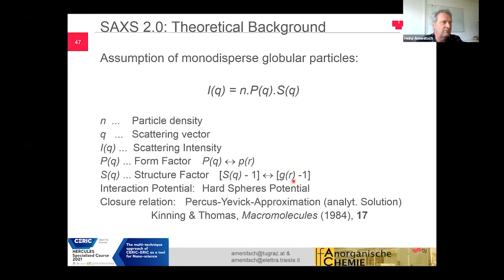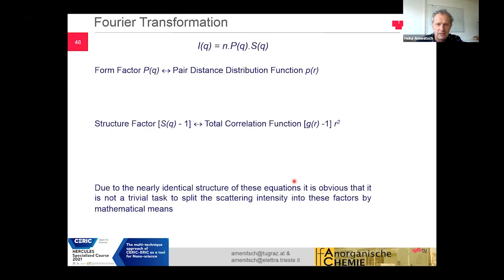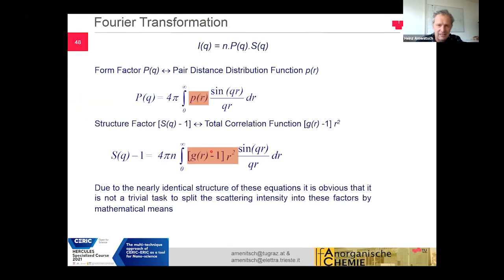So this is now quite a hard problem you try to solve. And what is important here is that exactly this pair distance distribution function and the total correlation function, g(r) minus 1 squared, have the same behavior, and they are also acting in the same regime to each other.